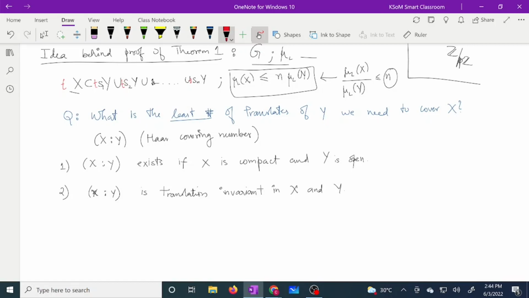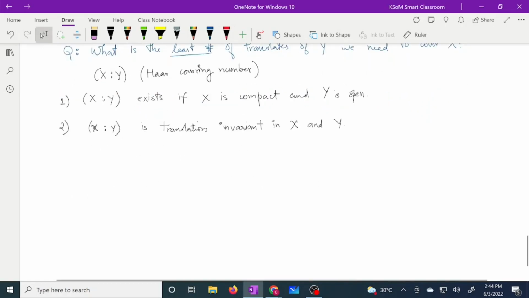The translates that I am using are changing, but the number is not. The same thing goes for Y. So this is left translation invariant. I hope that is clear, because we are not considering right translations right now. So translation means left translation. Okay, this is the second observation.